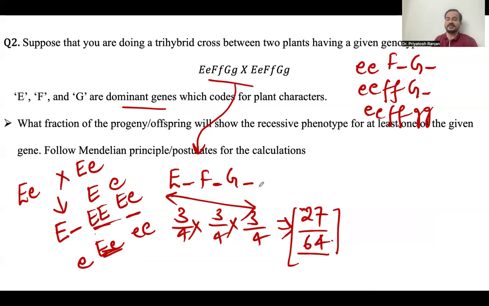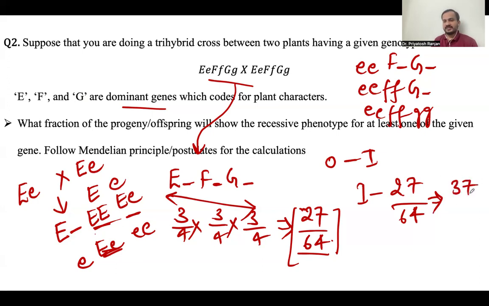So what I need to do is, remember, the probability lies between 0 to 1. And I can subtract this value from 1. So 1 minus 27 by 64, and the answer which you will get is 64 minus 27, which is going to be 37 by 64, if this calculation is correct.